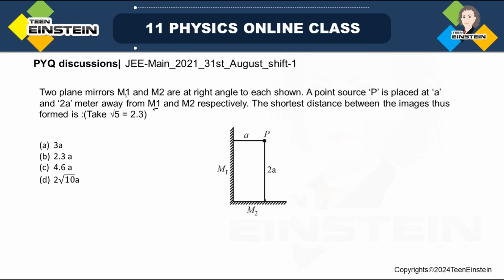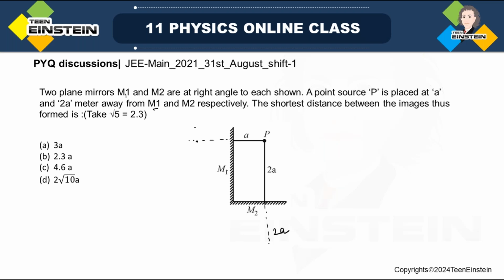Look what will happen. There will be an image formed here somewhere at 2a distance away. Since it is a plane mirror, at the same distance there will be another image over here.